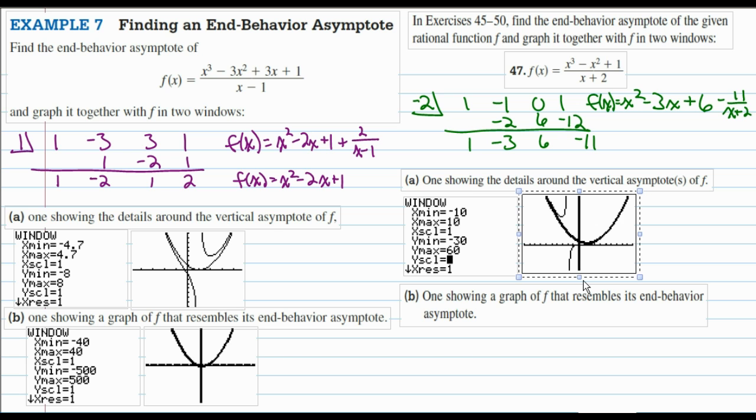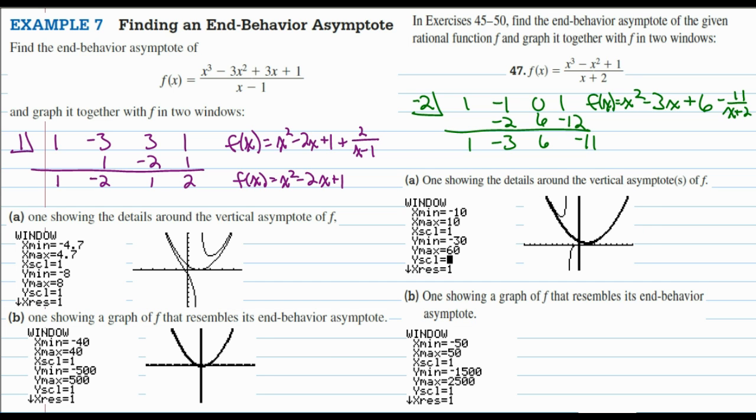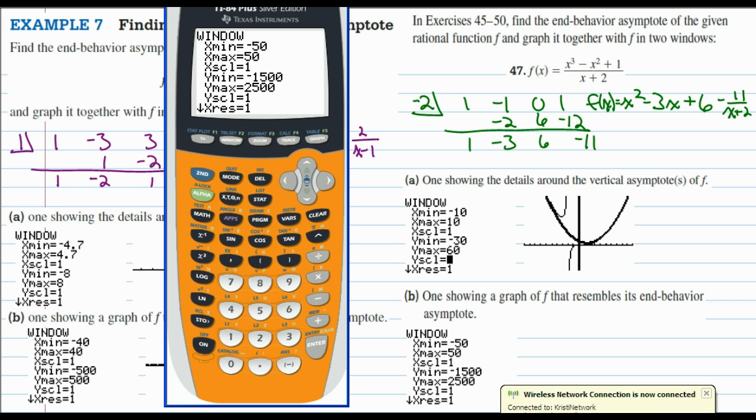Now I need to do that with my second window. I need a window that will create the 2 graphs so they look almost identical because they behave the same way towards the outside ends. After playing quite a bit with windows, changing my x min and x max to get wider and wider, and changing my y min and y max to get shorter and taller, I did finally find a window that creates the graph of the original function.